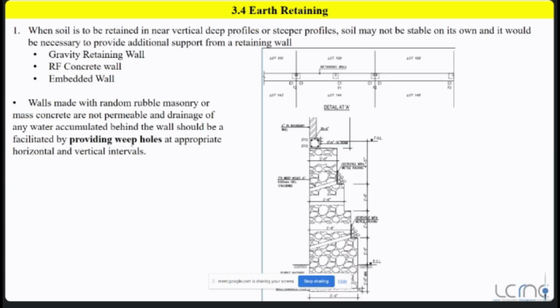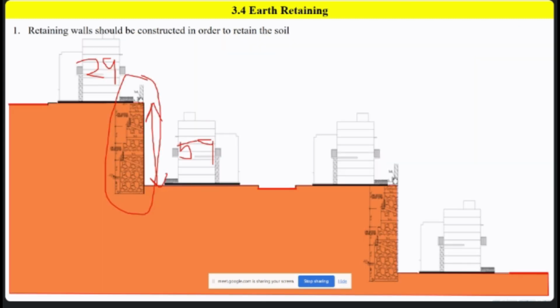Okay. Now I'm going to talk about it in detail. Now earth retaining means you need to retain the earth profile without collapsing. Now there are two things. One thing is if your soil profile is here. Now here I will explain through this one. This is your soil profile.